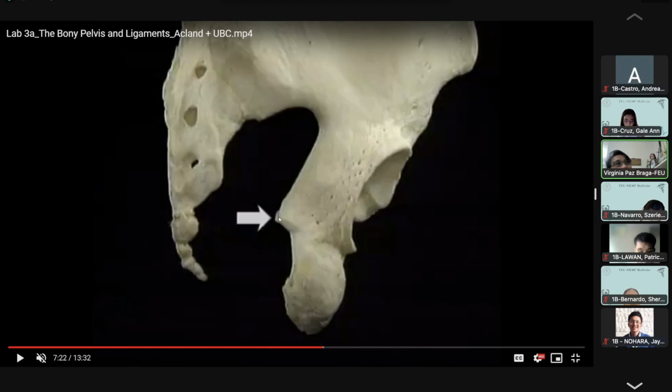And sometimes there is such a thing as a pudendal nerve block na ginagamit yung ischial spine as a landmark. Kasi when you do your internal examination, you palpate for that. You can actually palpate that. Okay? Sige. So let's now move on to the next.